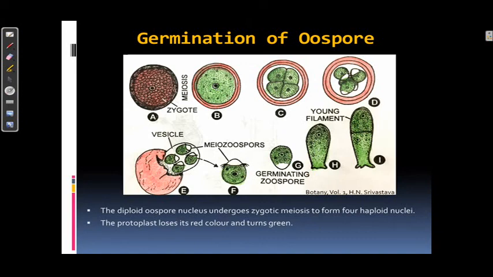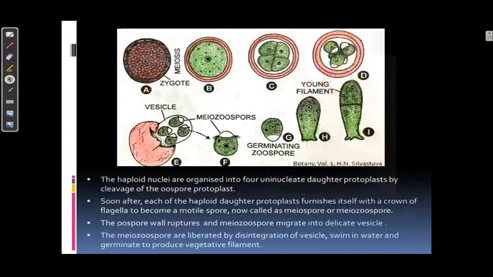The red color of the protoplast changes to green color. Then all the nuclei are organized into 4 daughter protoplasts by the cleavage of the protoplast. So now we are getting 4 uninucleate daughter protoplasts.